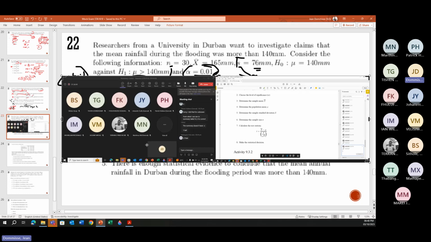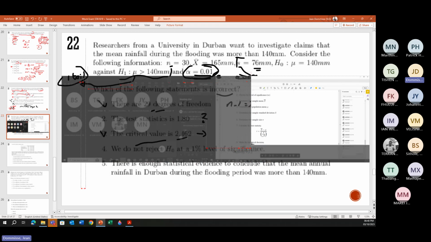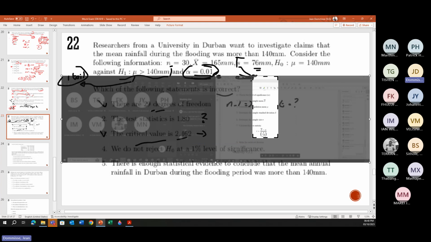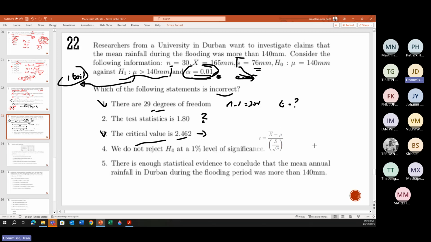Now that I think about it, I don't even think we have, in any of the previous stuff that we've worked out this year, done something like this. I don't know if you guys have seen something like this in the mock exam or in the assignment, but it feels like it's the first time we're actually using a T in hypothesis testing, unless we've done so many that I can't even remember.